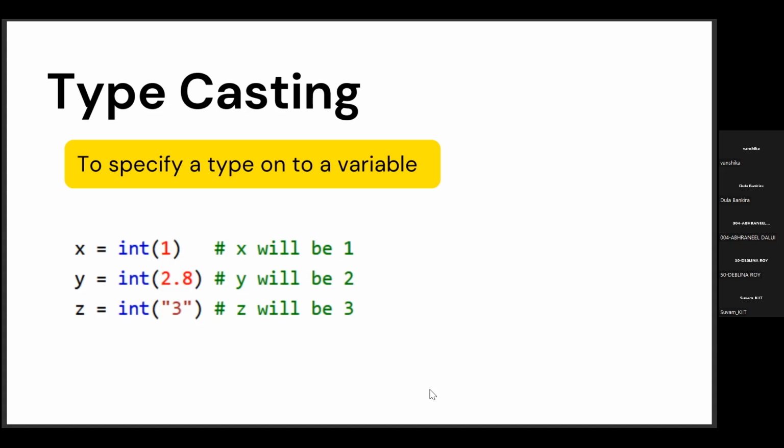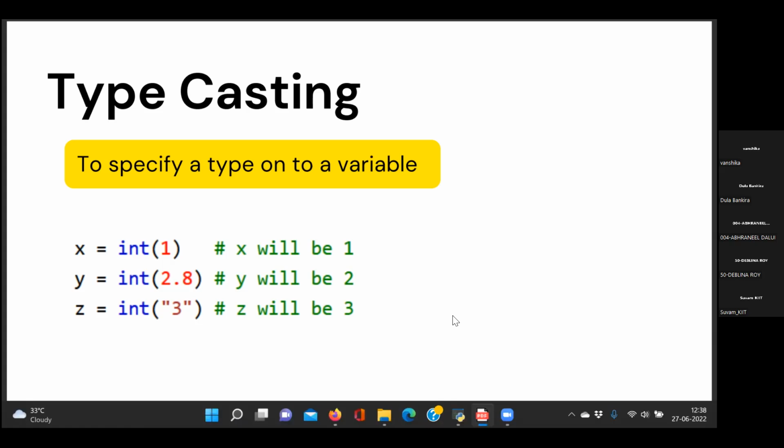We can change a variable belonging to one data type to another data type. That is possible, and we can do it using these functions. We are explicitly defining what type we want for our variables. So try it out in your Colab notebooks.